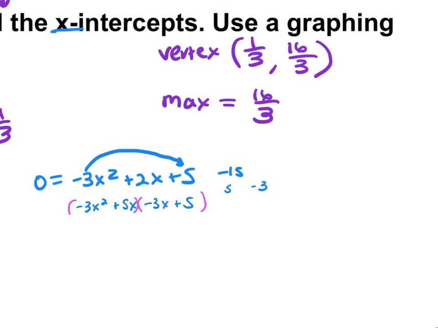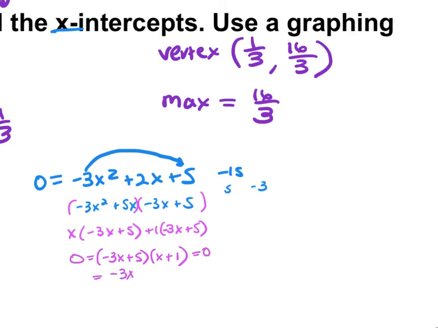From the first one, I can take out an x. The second one is already the way I want it, so I take out a positive 1. That's what we would do to not change it. Then I get negative 3x plus 5 and x plus 1. Now my x-intercepts are 5/3 and negative 1.